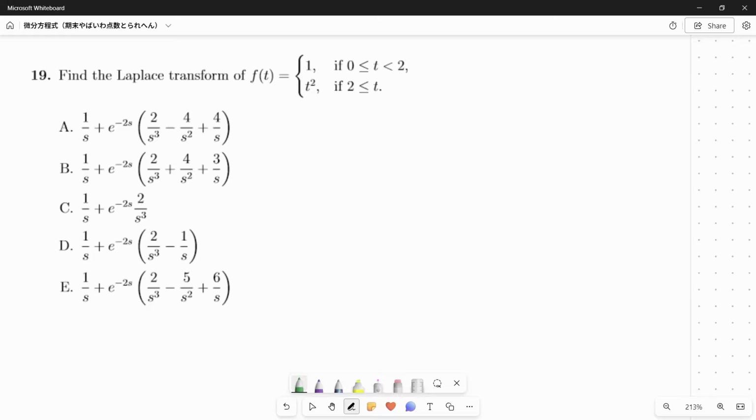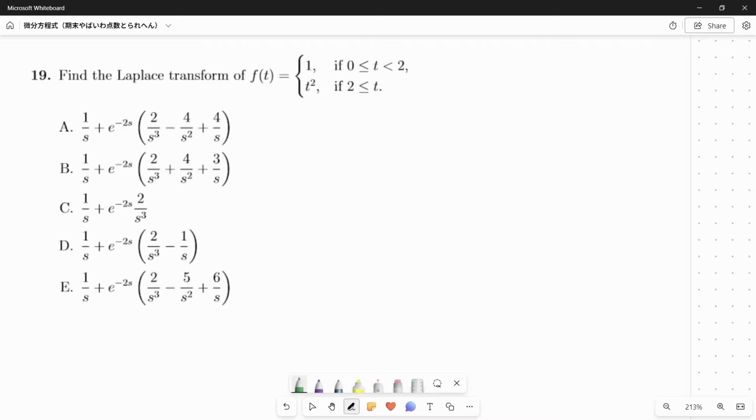So if you like to brute force your Laplace transforms and use the formula, then you'd have to split this up into two integrals since we have two parts of our piecewise function, that being 1 and t squared. And then if you were to do it the normal way, I guess you could say the conventional way of using a Laplace transform table, if you're not insane. No, I'm kidding. You'd have to combine this and mash it into one big function using unit step functions.